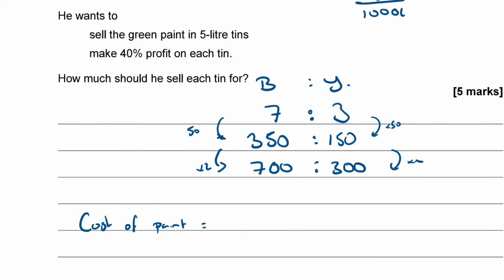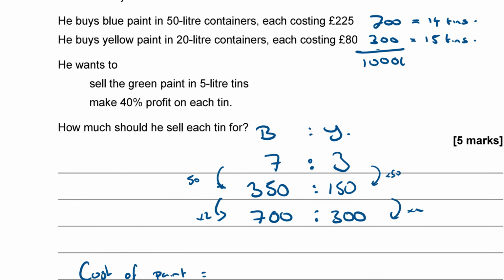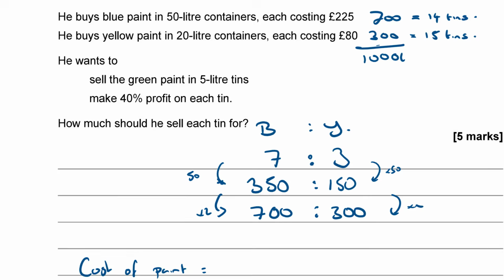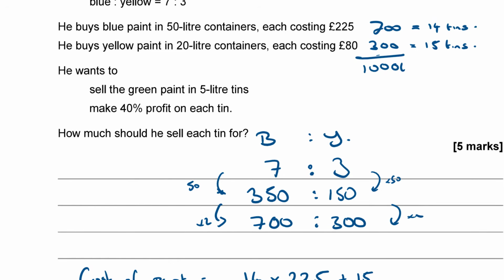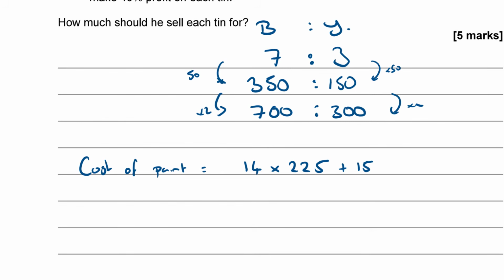So if I've got 14 tins of blue costing £225 a tin, so for the blue it's going to be 14 tins at £225, plus I need 15 tins of the yellow, which is at £80 a tin.